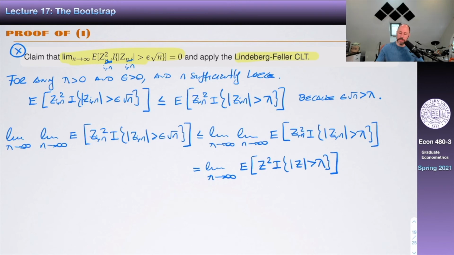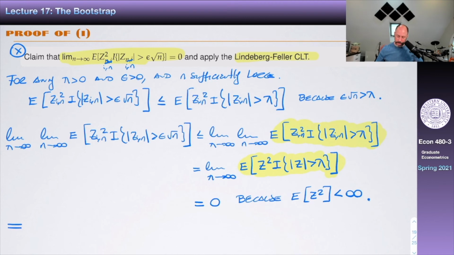We just proved that this object here converges to this object. And so this over here is equal to 0 because the expected value of z squared is finite.